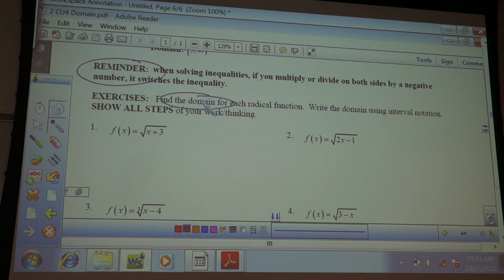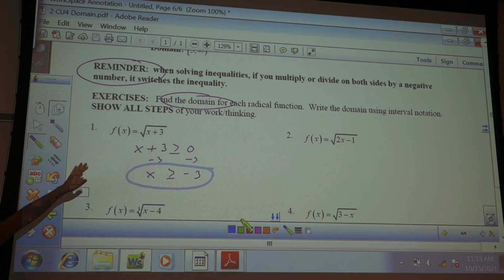Yep. X plus 3 has to be greater than or equal to 0. Does everyone remember this one? So then what we do, we subtract the 3 from both sides. We said x has to be greater than or equal to negative 3. That was our domain.